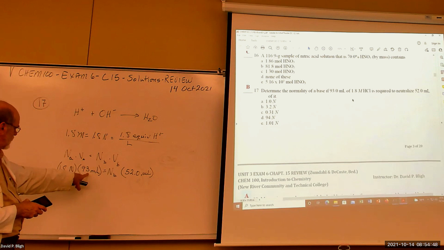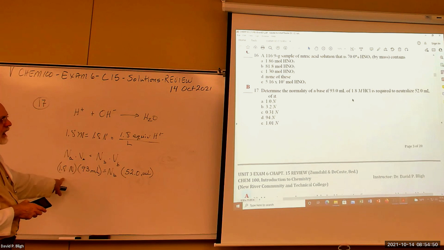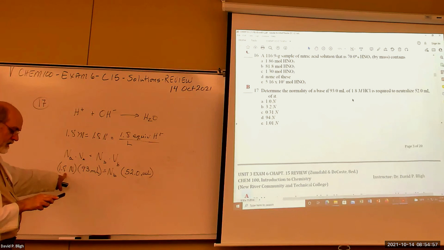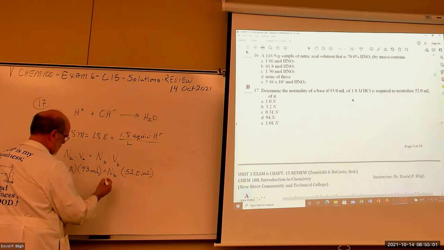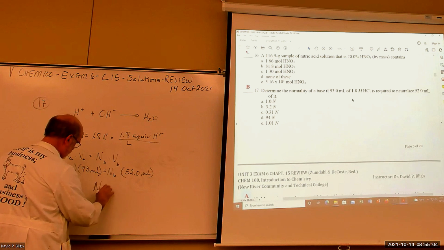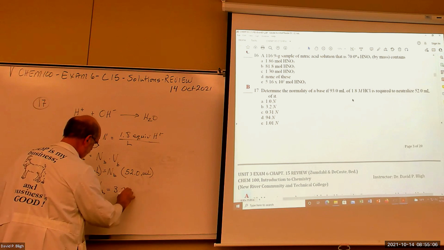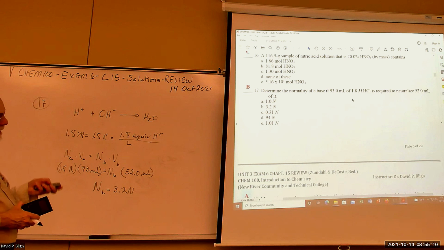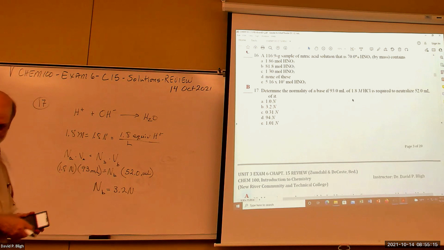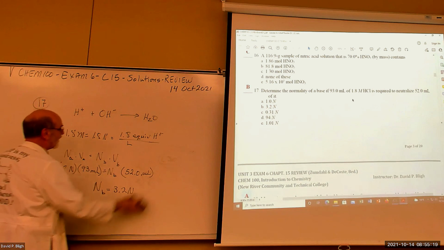Well, no, 1.8 is only two significant figures. So we've got 3.2 normal. Okay, so that's why the answer is B. All right, that was 17.